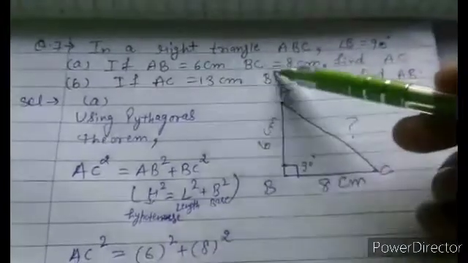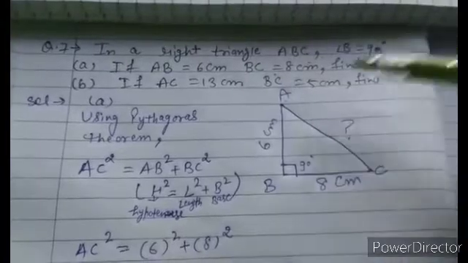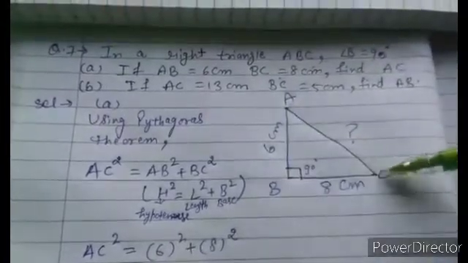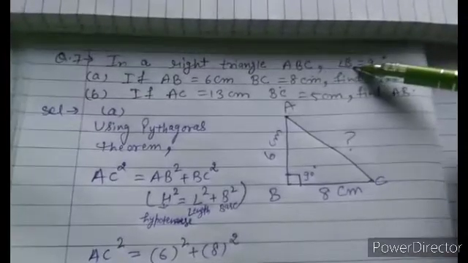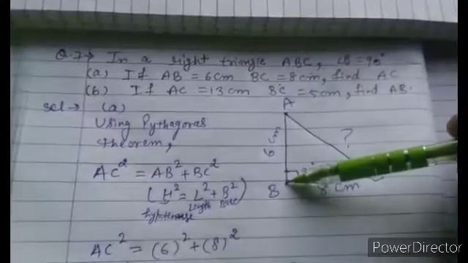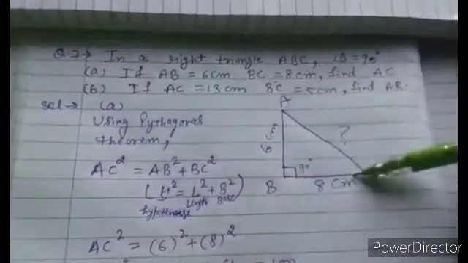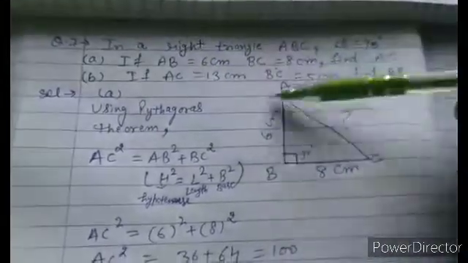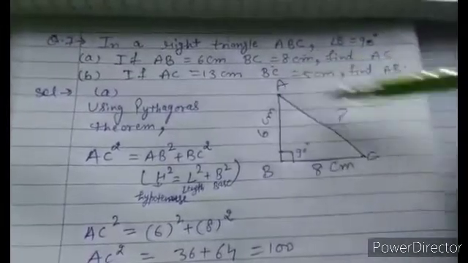In a right triangle ABC, angle B is equal to 90 degree, means the triangle is right angled at B, because B is of 90 degree. So this is a right angle triangle. A part: if AB is equal to 6 centimeter, BC 8 centimeter, then find the AC.